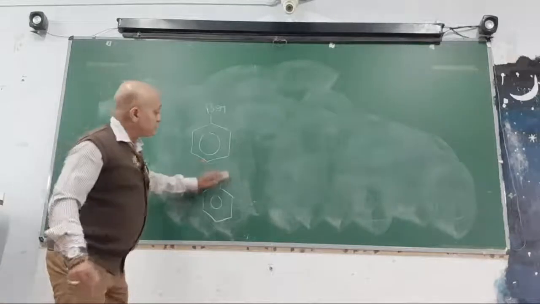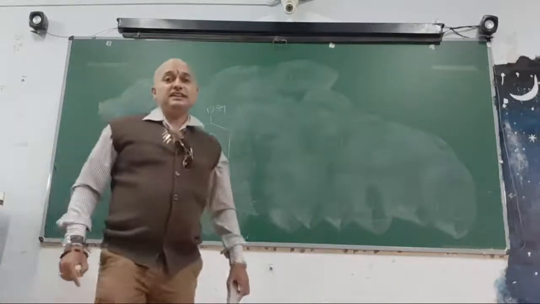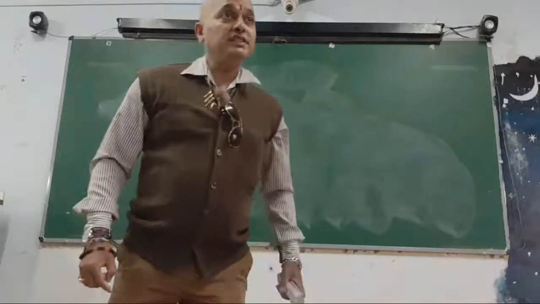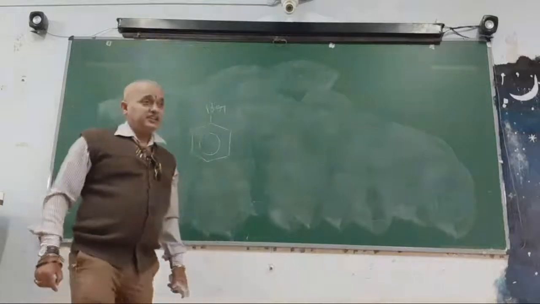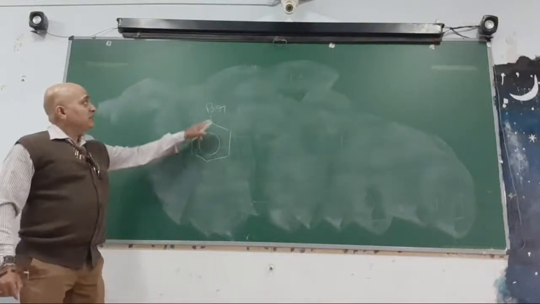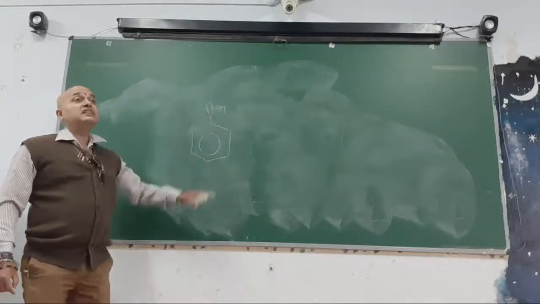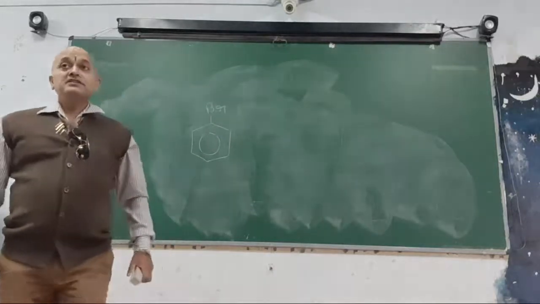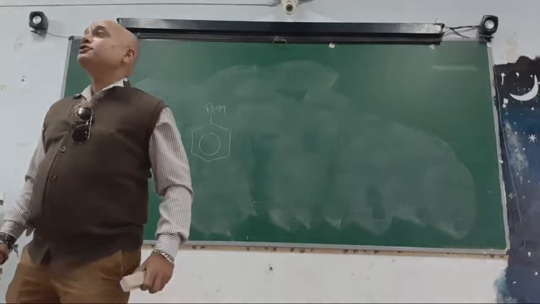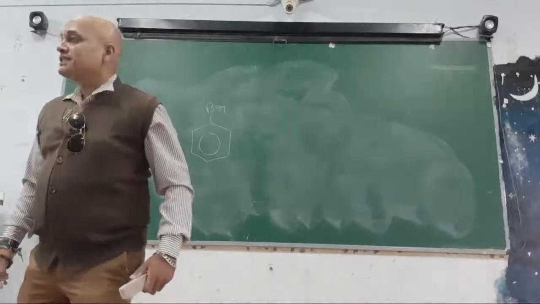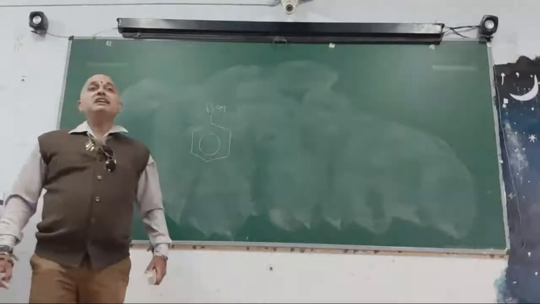Yes, we should go with the Grignard reagent method, where one carbon will be added by having the Grignard reagent. So conversion of bromobenzene to benzoic acid will be by the Grignard reagent method.